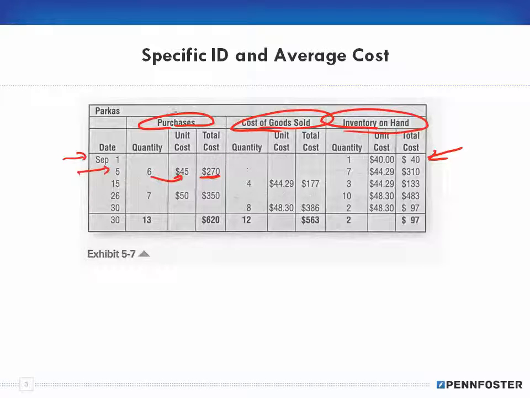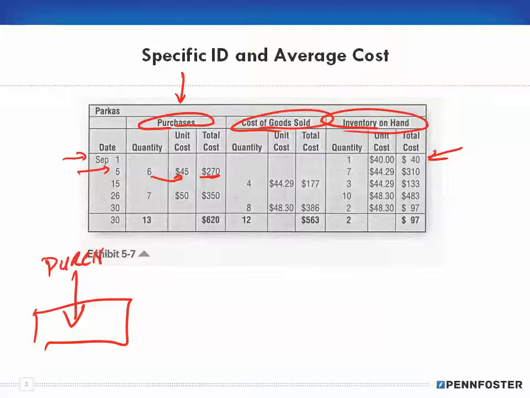Now, this is purchases. This is when we're buying and we're sticking those items. We're putting those items into the box. That's purchases, okay? Our cost of goods sold is when we're taking them out of the box. That's our cost of goods sold, meaning we're taking it out and we're using it. We're expensing it, okay?